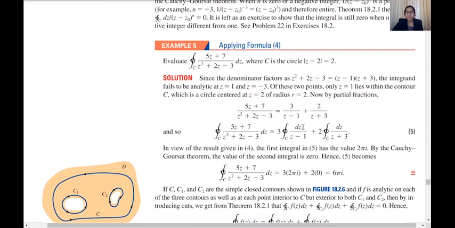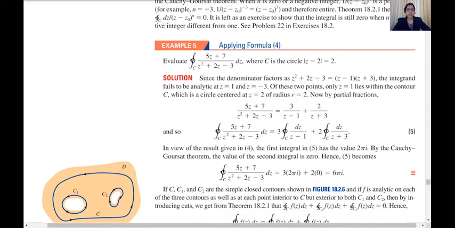Now the first is of the form dz by (z − z₀) raised to n, where n is 1. When n is 1, this integral equals 2πi. So the value is 3 times 2πi plus 2 times 0, which is 6πi. See how easily we were able to calculate the integral of such a complex function with the help of the Cauchy-Goursat theorem.